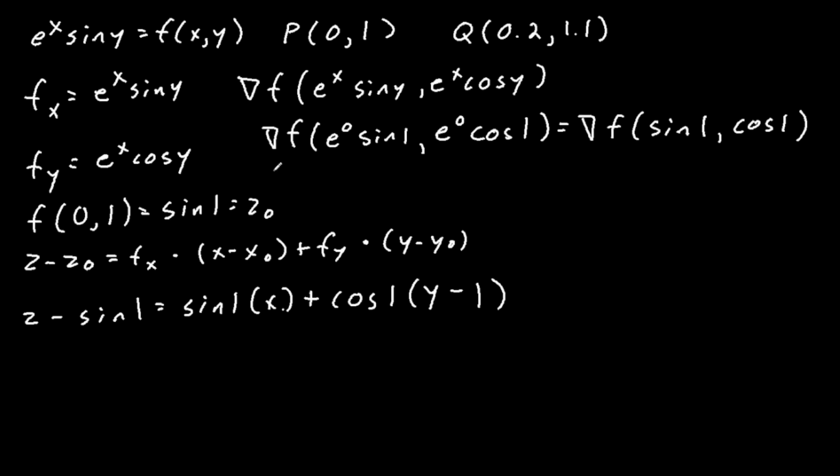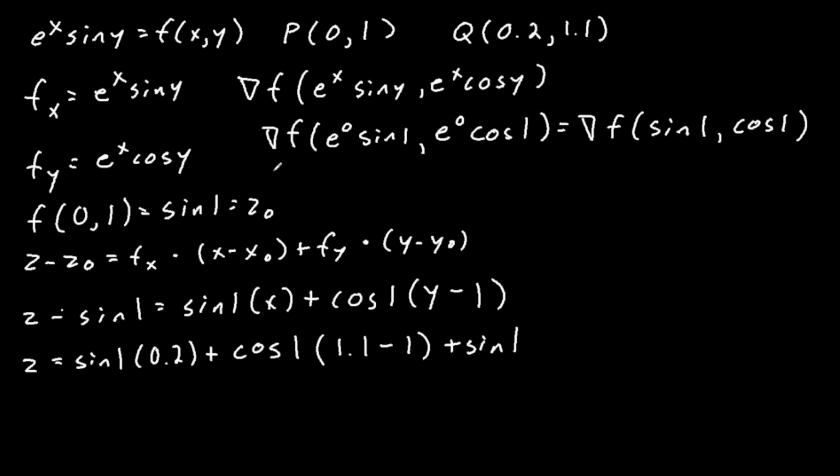Once we have this equation, all we have to do is plug in the values of q into the tangent plane, and we get a planar approximation. So technically z is equal to sine of 1 times 0.2, plus cosine of 1 times, 1.1 minus 1, plus sine of 1, because we moved the sine of 1 to the other side.